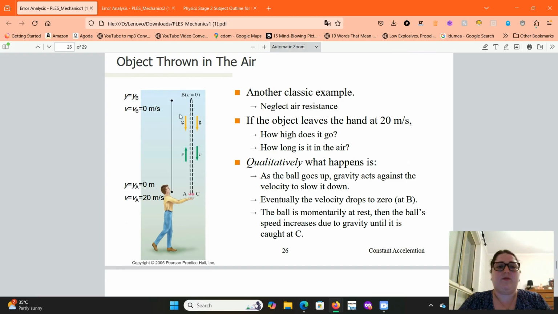Oh, sorry. It's at A, it comes up. At zero, at B, the velocity is zero because the speed it goes up and the gravitational force are equal to each other and becomes zero, and then it drops back down because gravity is acting on it. And then it's caught back at its origin.